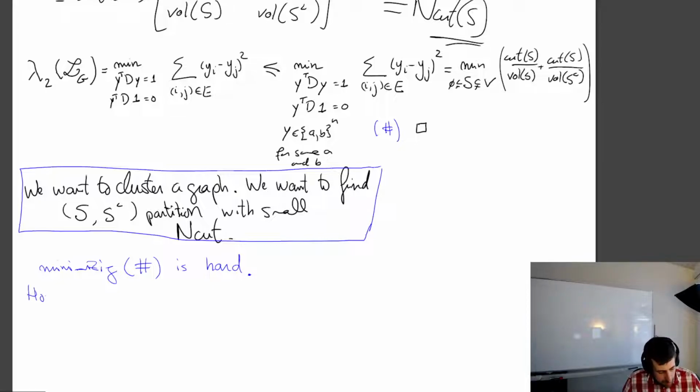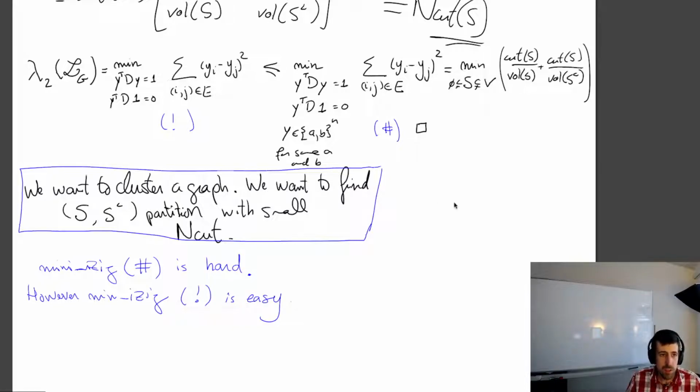However, minimizing this one, exclamation mark, is easy. Why is it easy? Because I can just compute eigenvalues and eigenvectors, and this I know how to do.